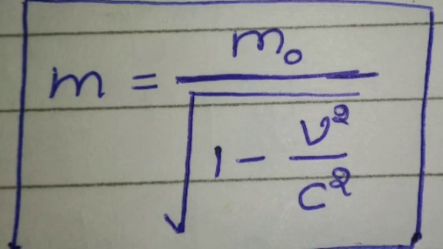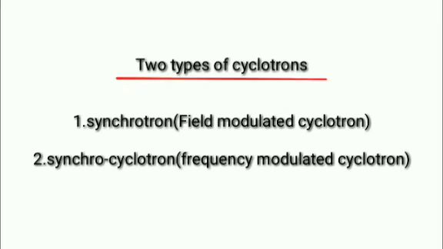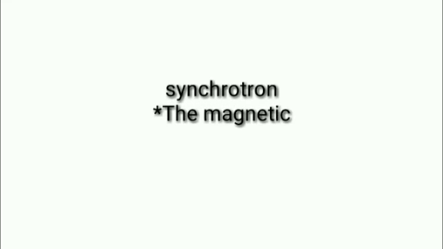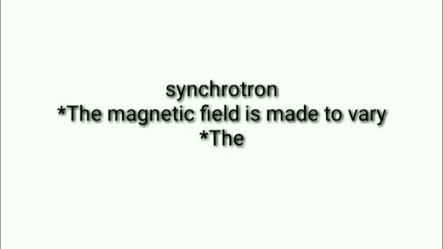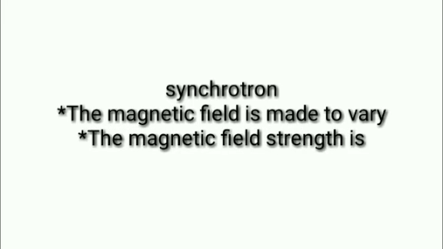So accordingly, there are two types of cyclotrons. First one is the synchrotron, or it is called a field modulated cyclotron, and second one is the synchrocyclotron, or it is known as a frequency modulated cyclotron. In the synchrotron, the magnetic field is made to vary.